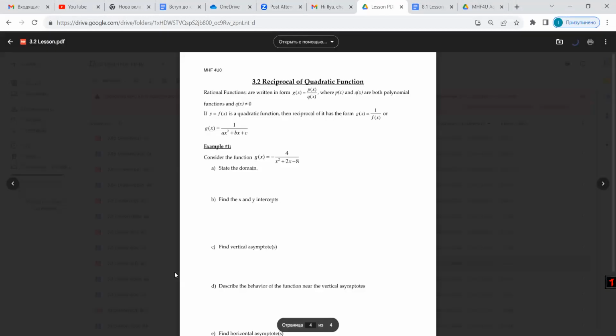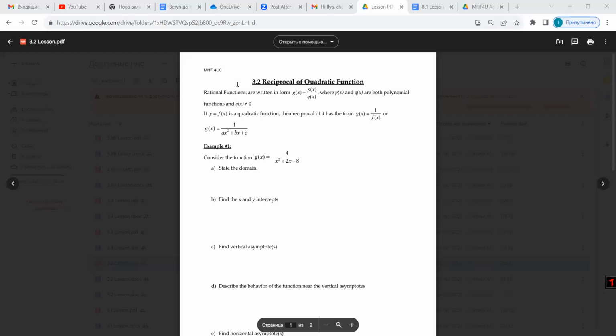We're going to move on to the reciprocal of a quadratic function now, because we looked at an example with a linear function. What about the reciprocal of a quadratic function?